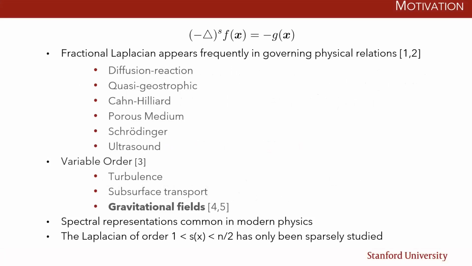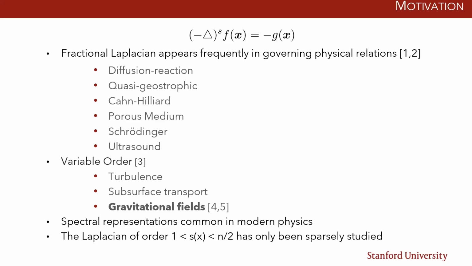Great. So this work is mostly concerned with equations like the Poisson equation that involve a variable order fractional Laplacian, like I've shown at the top here. This operator appears pretty frequently in governing physical relations for anomalous phenomena, including these examples that I've listed here.